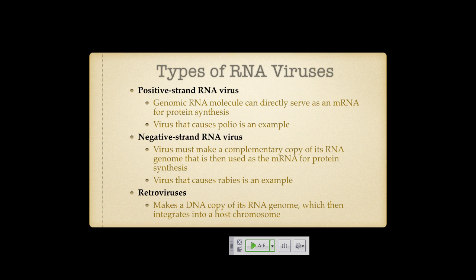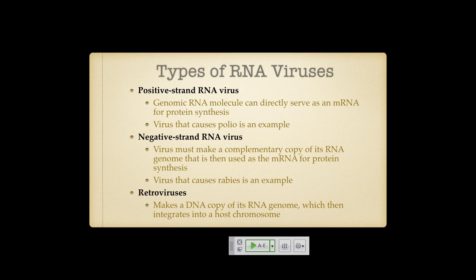I said previously, and I always have to keep modifying things, that viruses were essentially just a piece of nucleic acid wrapped up in a protein coat. If you're a positive strand RNA, that means your RNA is in the right orientation to be used directly as a messenger RNA.